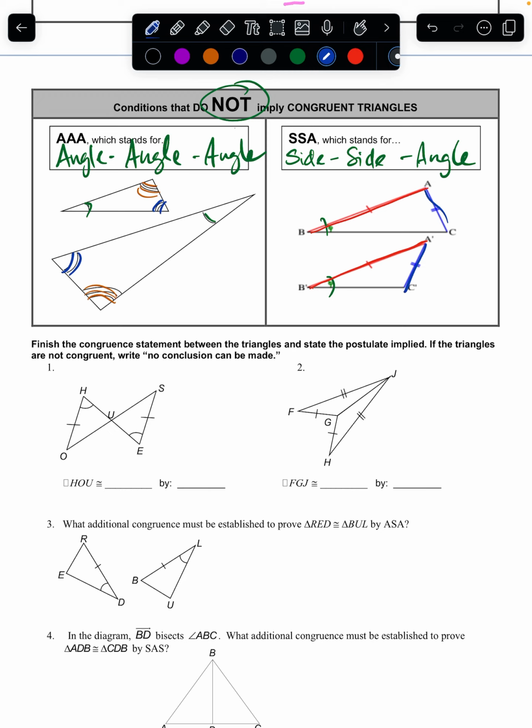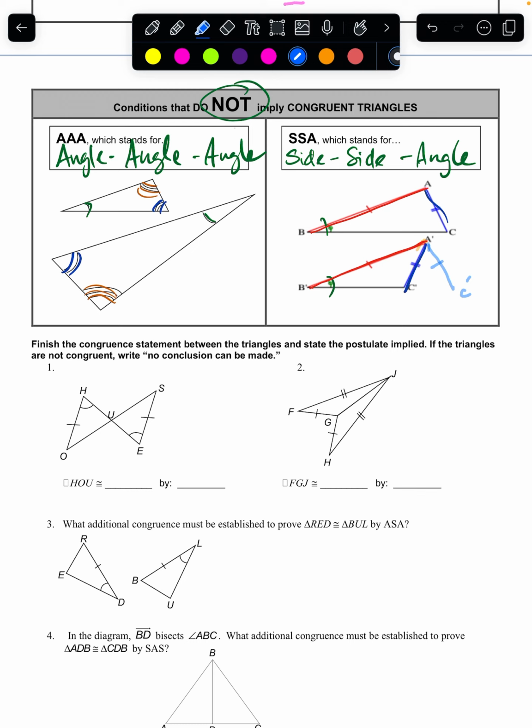This does not guarantee that the triangles are congruent, because this side right here, let's say A prime C prime, could actually be something like this, where AC is still congruent to A prime C prime, but it doesn't form a triangle.